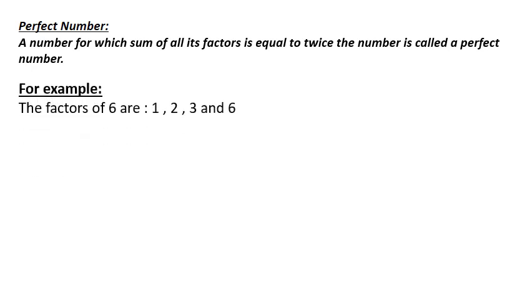Here is the first example where we will find out whether 6 is a perfect number or not. For doing that, we will need to find all the factors of 6. So, the factors of 6 are 1, 2, 3 and 6. Now, as said in the definition, sum of all its factors means we have to add all the factors of 6.